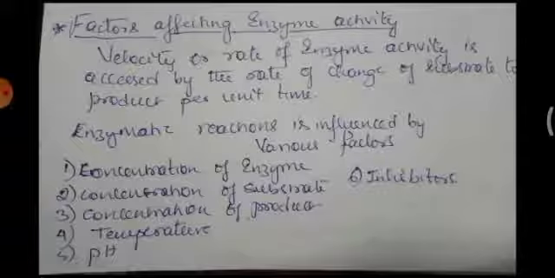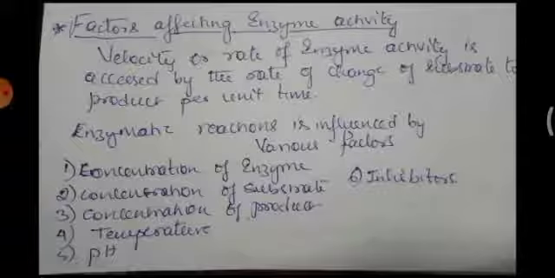The velocity or rate of enzyme activity is assessed by the rate of change of substrate to product per unit time. In a given time, how much substrate gets converted to product is measured and is termed the rate of enzyme activity.